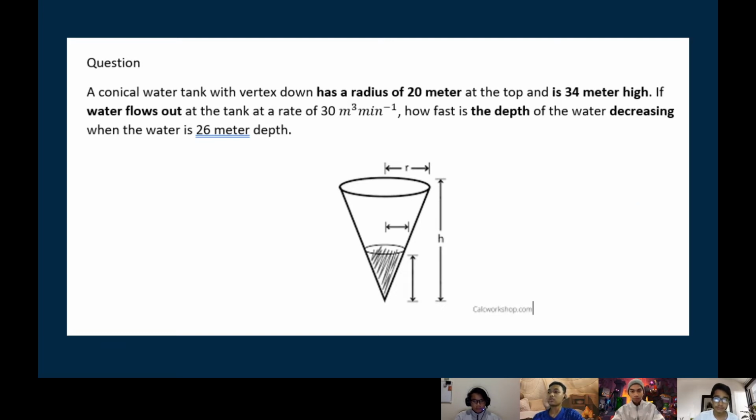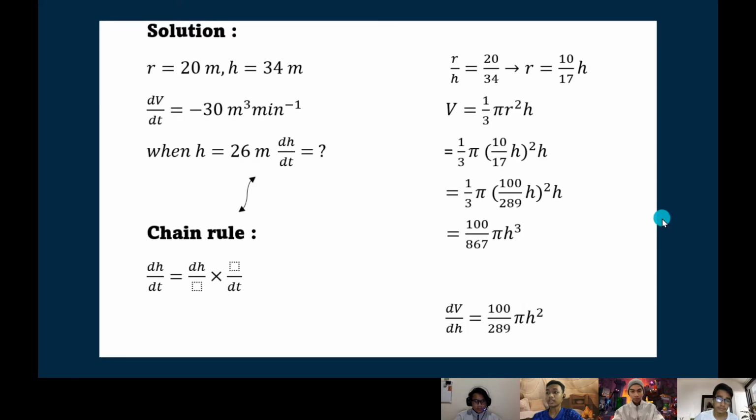As we can see here, first, the shape is already a cone, so we can take that as a note. And second, when we read the question, we can already see that dV over dt, which is 30 meter cube per minute, is negative because it is decreasing.